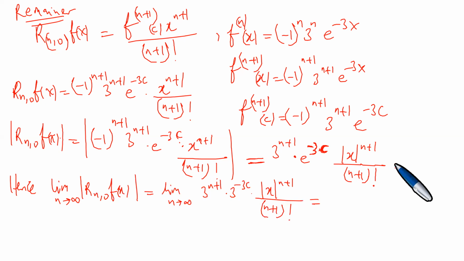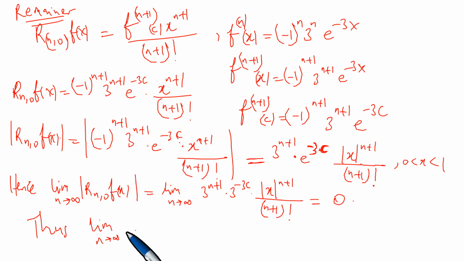Okay, this x itself lies between 0 and 1. So this is a fraction. And the c itself lies between 0 and 1. So if this one is a fraction, then this whole thing is going to approach 0. That's because the limit of the absolute value is 0, it means the limit without the absolute value is 0.